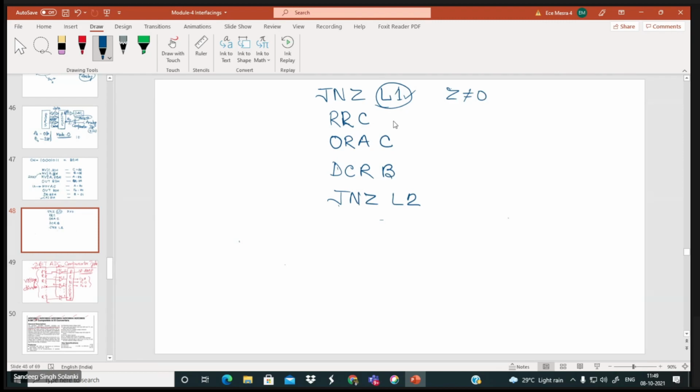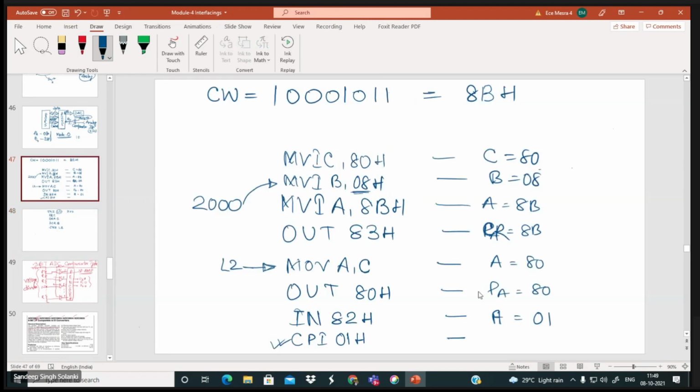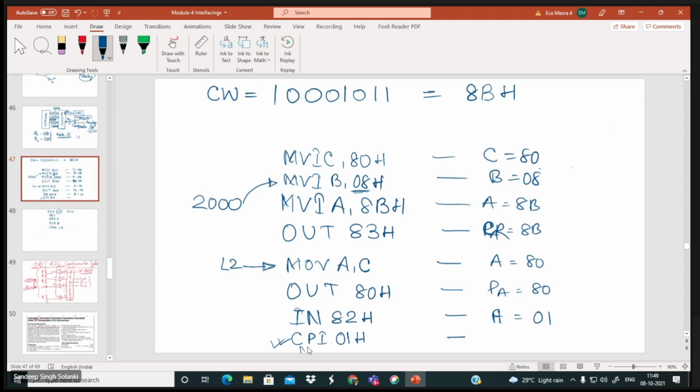So in that case, I will be here at RRC. So this RRC, if I am writing, it means I am making this accumulator become 02, 08. That's correct, because of RRC. But this will become 1 and that into 0.